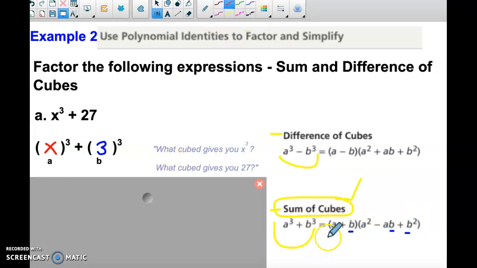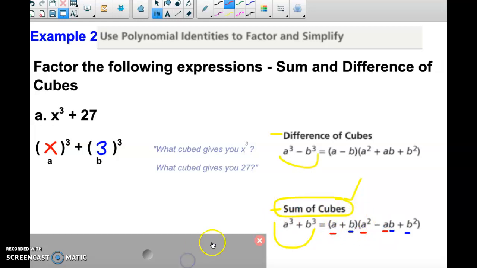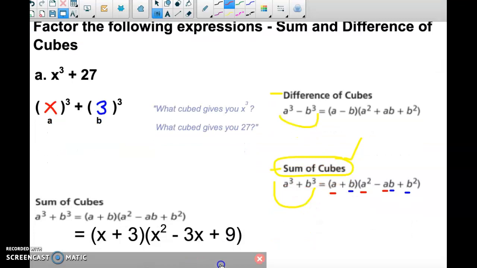Okay? So I'll underline here. I'll have a plus b in my first factor. So that's going to look like x plus 3, right? My a is x, my 3 is the b. And then I continue. I have a squared, so I'm going to write x squared minus 3, which is my b, right? 3 and my a is x.